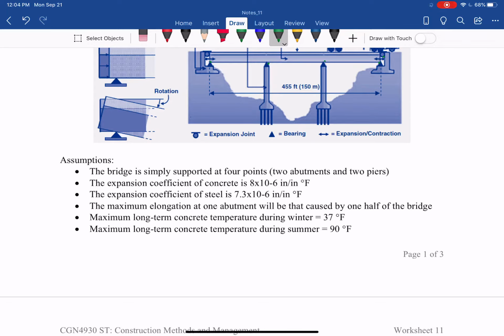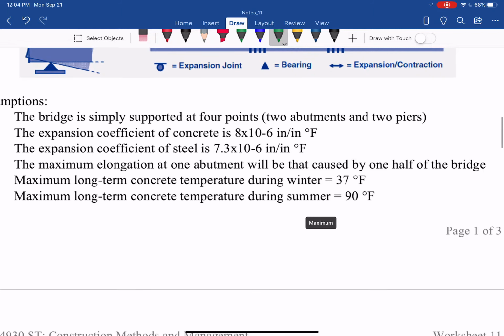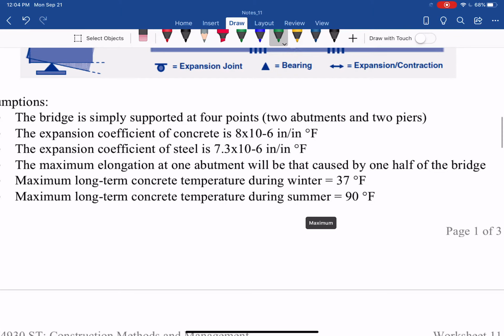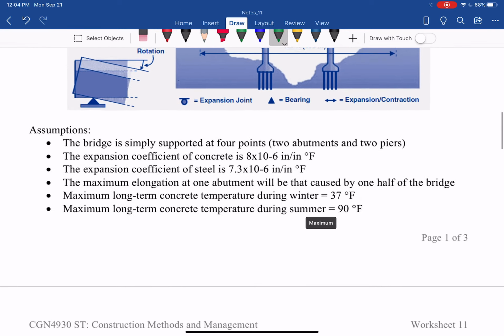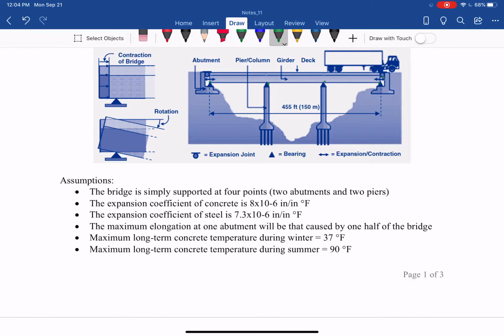That would not be ideal. But for concrete and steel, the expansion coefficients, 8 times 10 to the power negative 6 and 7.3 times 10 to the power negative 6, are very close, so they work very well. That's why reinforced concrete is so widely applied.